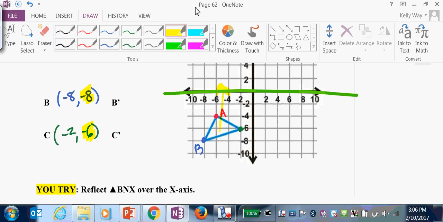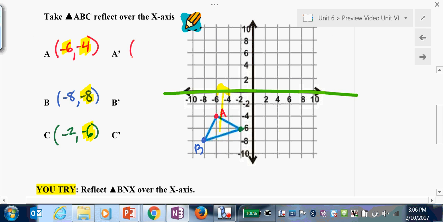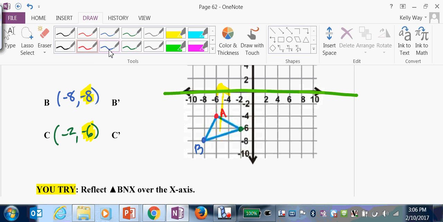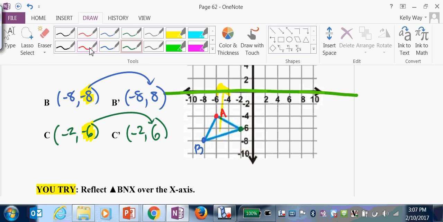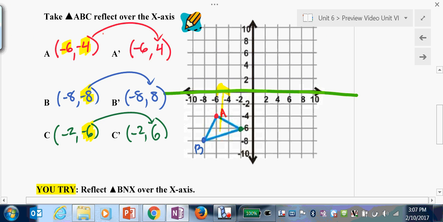So -6 is going to become +4. -8 is going to become +8. -2 is going to become +6. Go ahead and graph those, and when you do this, you will see you have flipped over the x-axis. Remember to mark your primes there.